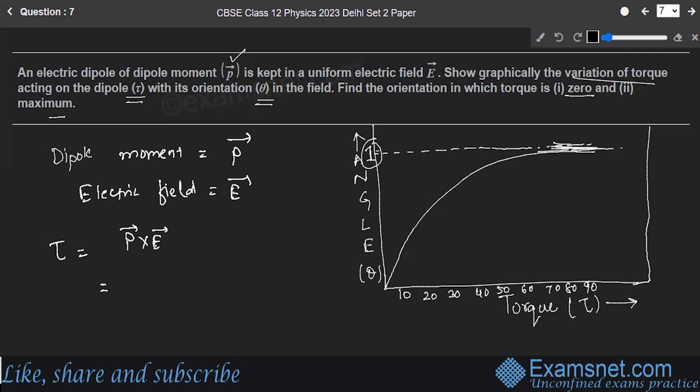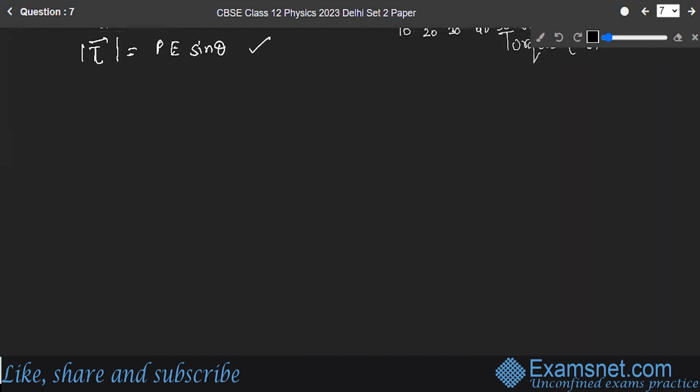Now this torque depends on the orientation of the dipole. So the magnitude of this torque is equal to P E sine theta. Right. So torque depends on the orientation of the dipole as this. Now you want to find out the orientation in which the torque is maximum.